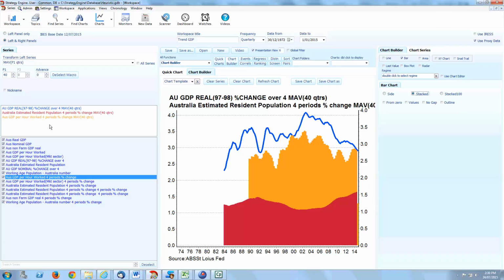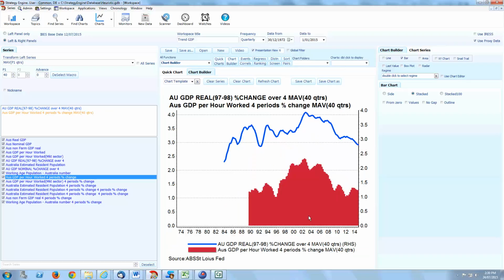More recently, I'll just take out the population growth. Now we're just looking at GDP per hour worked, rolling 10-year annual numbers. So very strong productivity growth during that period, and it has since weakened back to around 1.25% over the past 10 years. Now, just adding back population growth once again.